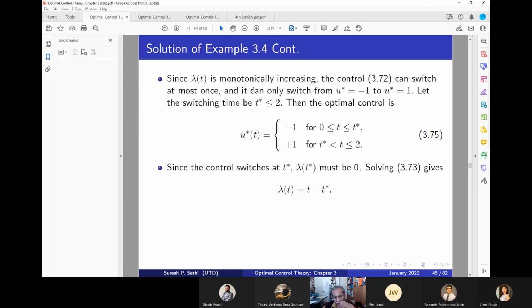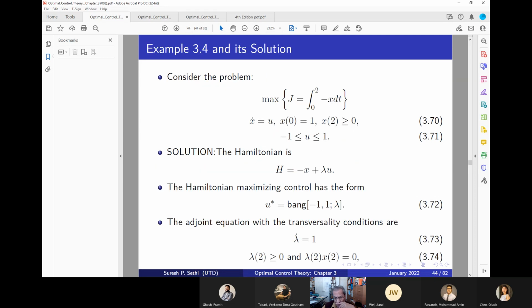Once you apply the maximum principle, how you solve the problem is not always mechanical. That means you sometimes use some intuition to move you along.